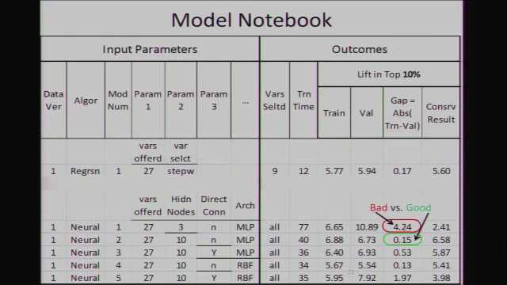So in the outcomes, sometimes I'll have different sets of these, like lift in the top 10%, lift in the top 5%, different places where I might be deploying. If you're calling some percentage of the fraud cases, or if you're mailing or communicating with a certain limited population, then you want to look at the lift numbers.